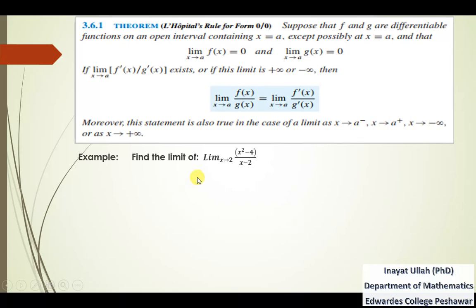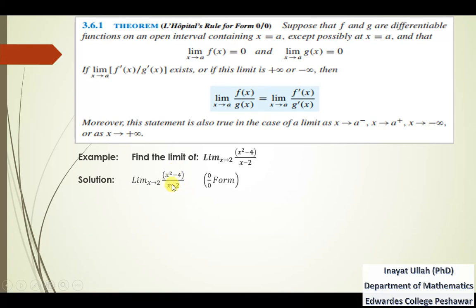Find the limit of this rational function. We see that whenever we replace x by 2 here, we get 0 upstairs, and whenever we replace x by 2 here, we receive 0 in the denominator as well. So this is 0 by 0 form.